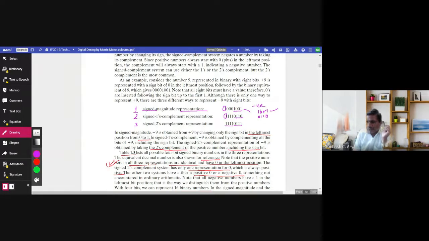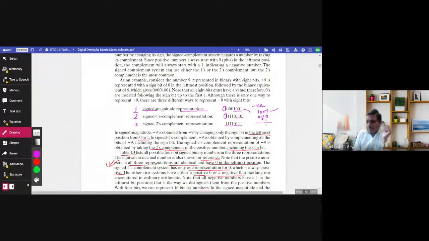How can we take the 2's complement of 1001? The simple method is to take the 1's complement and then add 1. We have already taken the 1's complement of 1001, which is 0110. To take the 2's complement, we just add 1 to the 1's complement.